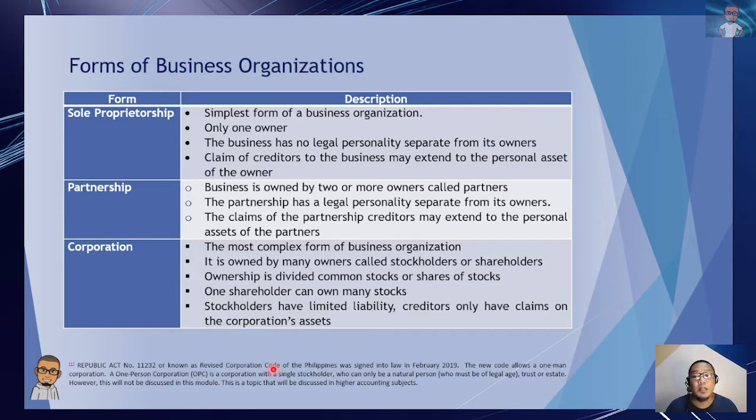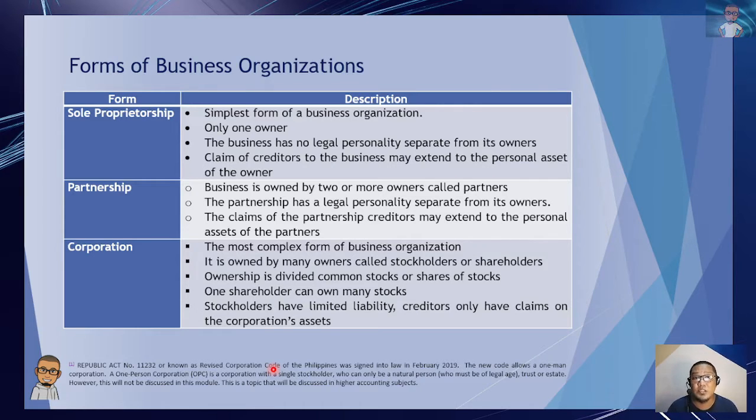Now, for partnership naman, syempre, kailangan at least 2. So, kailangan 2 or more persons, which are called partners, they agree to have a partnership for legal purposes, for business purposes. Now, these are legal personalities separate from the owners.